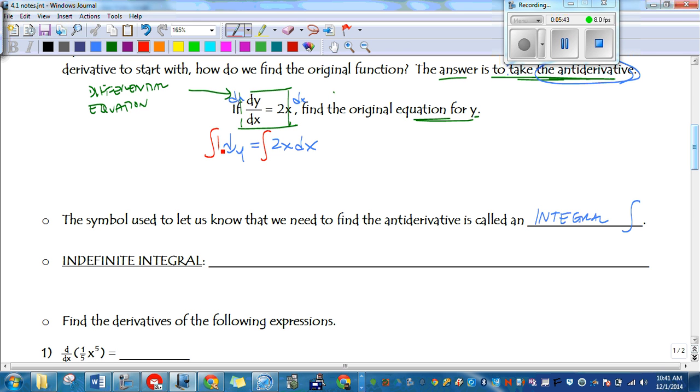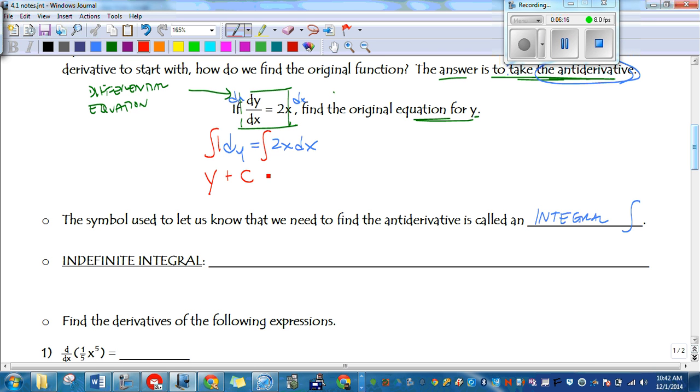Here we have the antiderivative of 1 dy. So what has a derivative of 1 in terms of y? The dy means it's in terms of y on this side, and the dx means we're doing this in terms of x. The antiderivative of 1 in this case would be y, but we have to add plus C to represent all the possible answers.